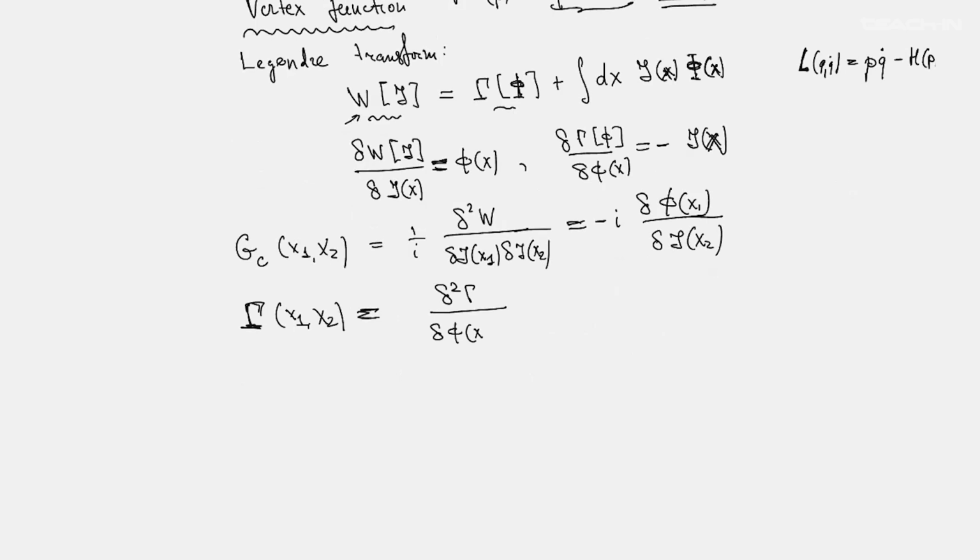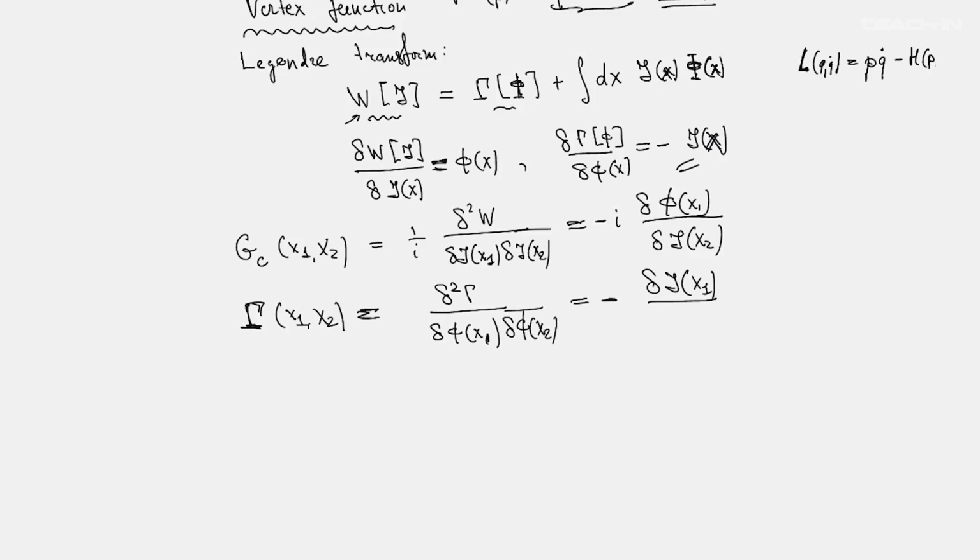And then we see that this is, according to the formula coming from the Legendre transform, delta J of x1 divided by delta phi of x2.